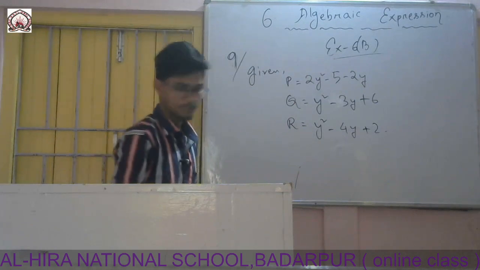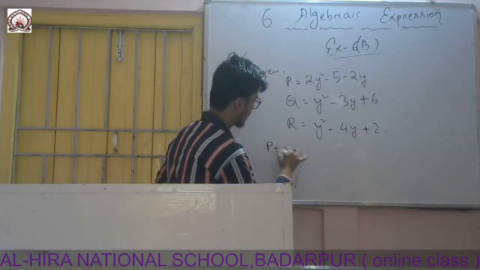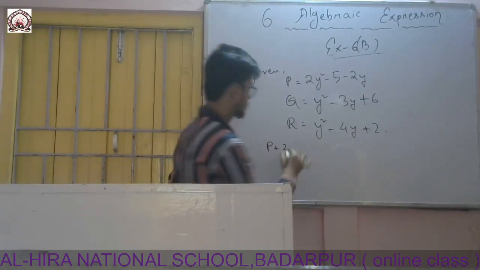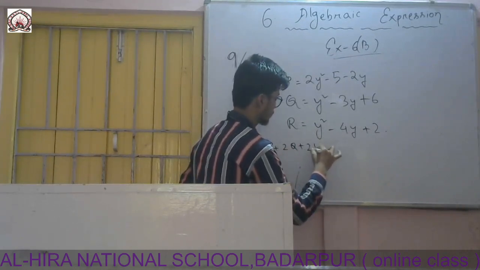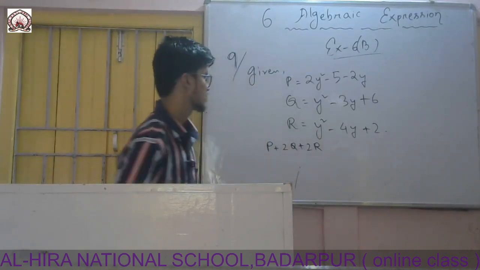You have to find the value of P plus twice Q plus twice R.